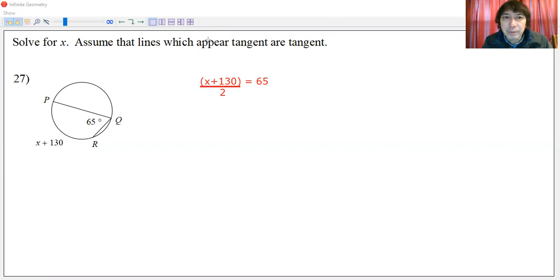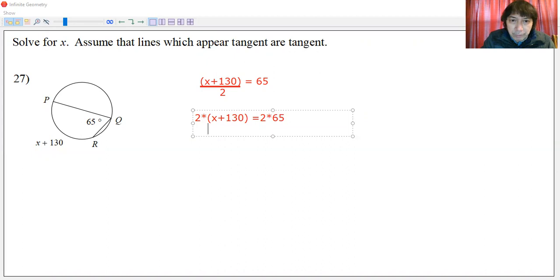We will solve this by multiplying both sides by 2. So this will be 2 times x plus 130 equals 2 times 65. And we still have the over 2.